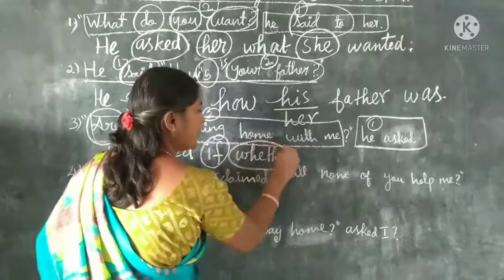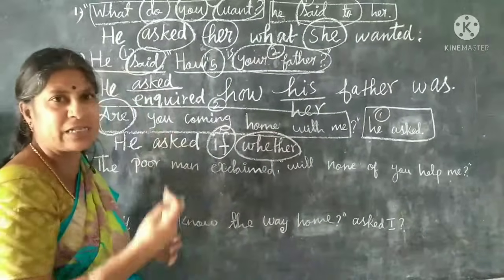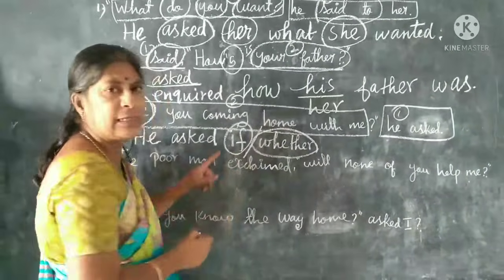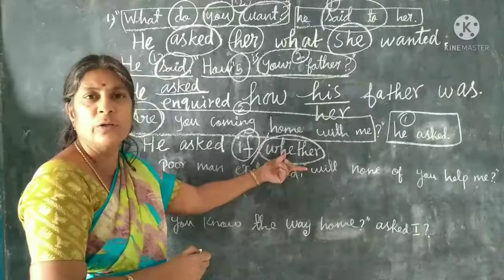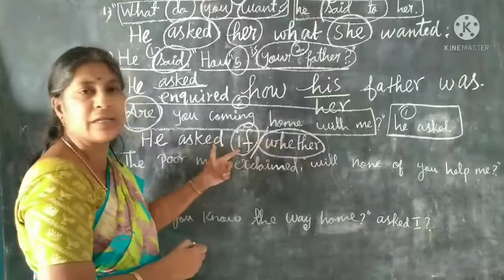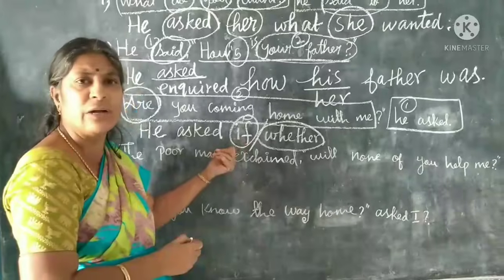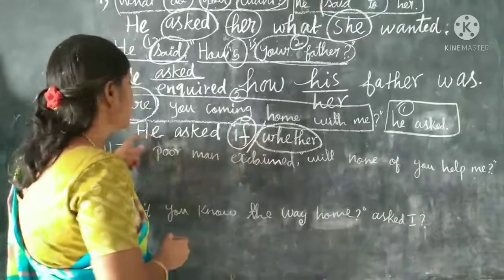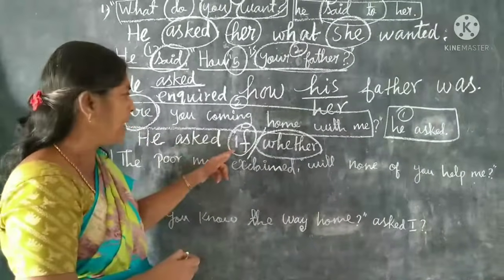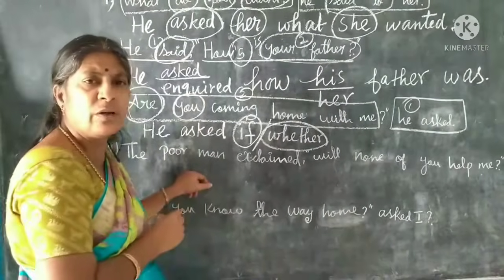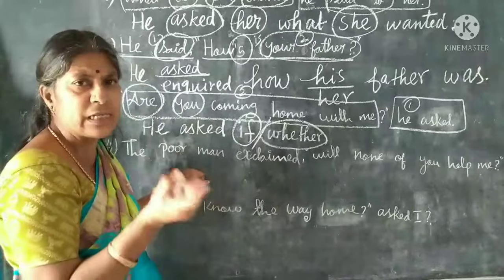Sometimes you may write weather, which is a different word. You can write any one, either if or whether. If you do not know the spelling for whether, better select the word if. Both are similar only. He asked if. Next, take the subject. Subject is what? You. You always refers to the second one.